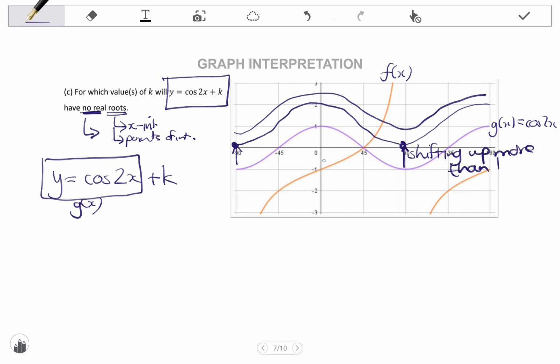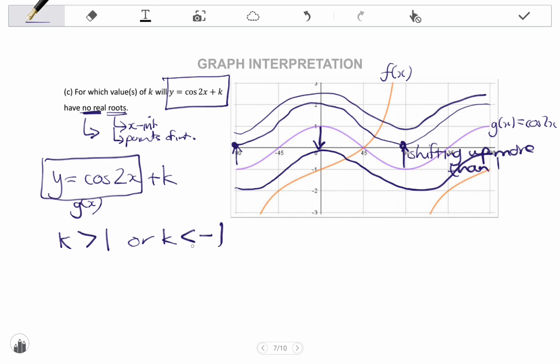But we could also shift the graph down, okay? So if I were to shift this graph down more than 1, the graph would sit there, okay? And also, if we shift it down more than 1, our graph would also have no x-intercepts. So, shifting the graph up, if k is a value greater than 1, we would have no x-intercepts. Or if k is a value less than -1.